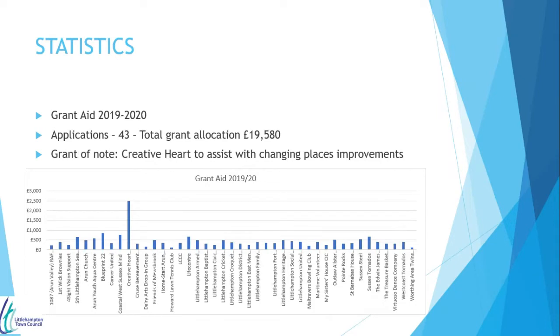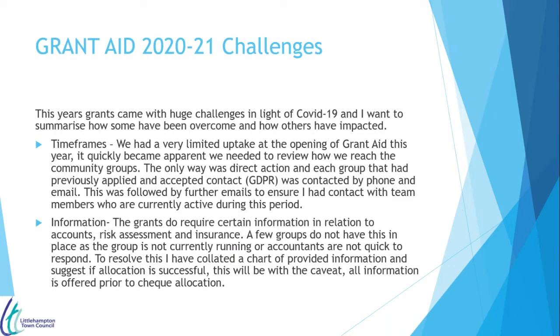Grant Aid 2019-2020 saw 43 applications with a total grant allocation of £19,580. And the grant of note in this particular year was Creative Heart to assist with the Changing Places improvements. This year's grants came with huge challenges in light of COVID-19, and I want to summarise how some have been overcome and how others have impacted.